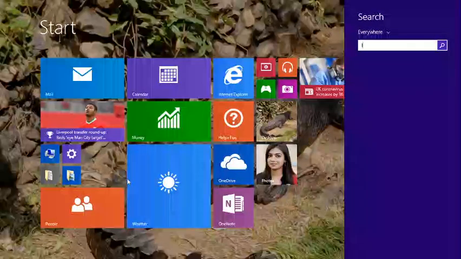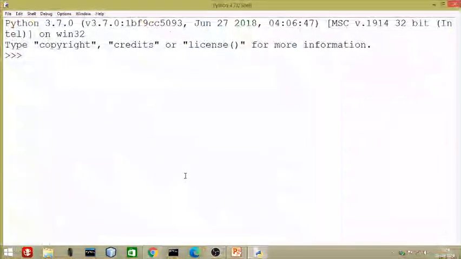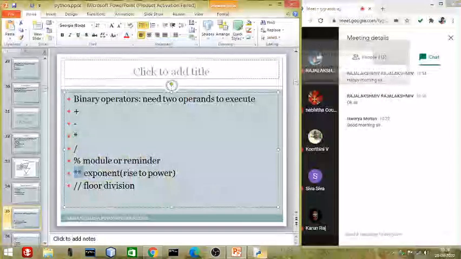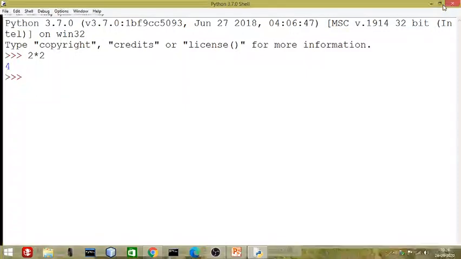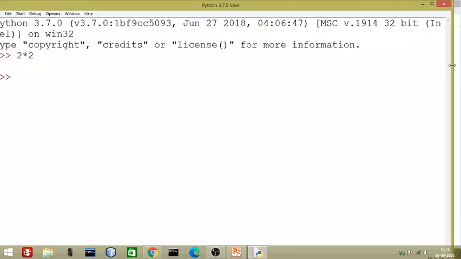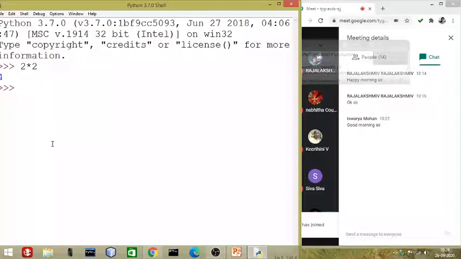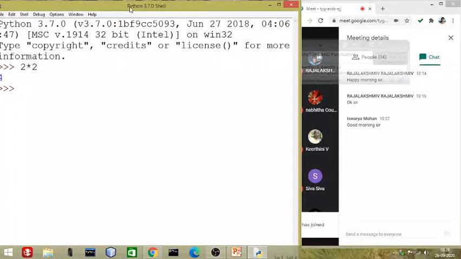So let us see an example of these operators. For example, if I write 2 multiplied by 2, what answer will I get? I will get 4.